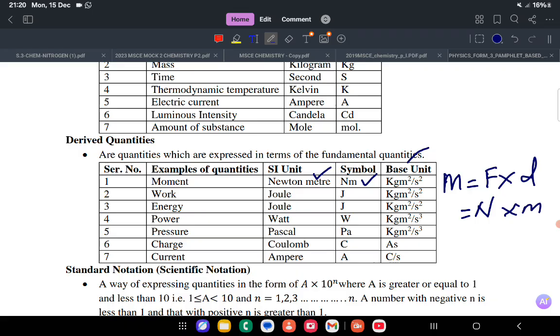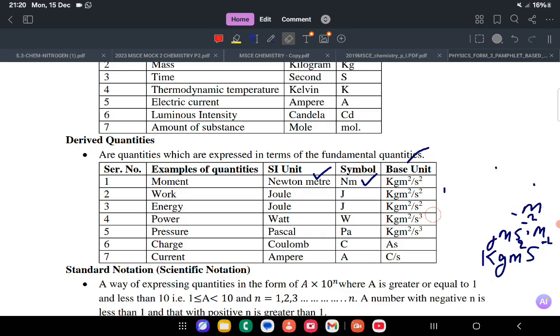And a Newton is also the same as a kilogram meter per second square. So this multiplied by a meter shall give you a kilogram meter squared per second square. This is called the base units of moment. It's a practice that you have to do in order to convert the unit of the derived quantity into its base units.